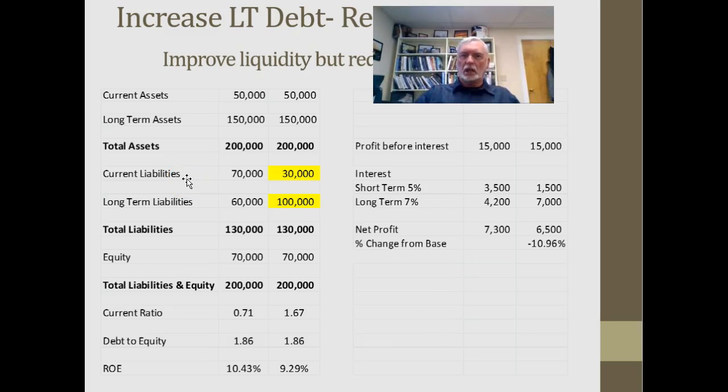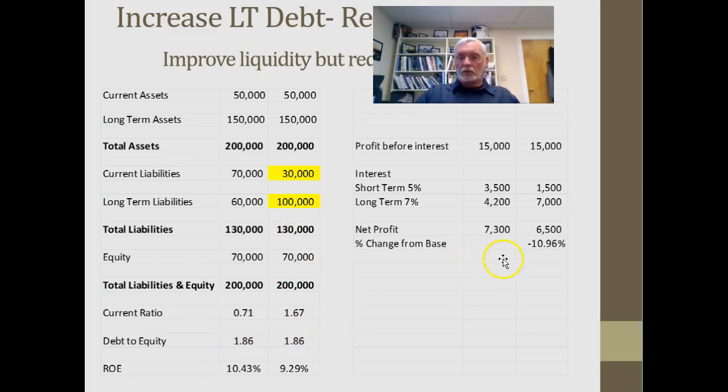So we're going to increase long-term debt and reduce short-term debt. So we still have $130,000 in liabilities, but instead of the 70-60, we have 30 and 100. So that's going to affect some things in my equations. And what it's going to affect is my current ratio, my income, and my return on equity. It doesn't touch debt to equity because my total liabilities don't change.